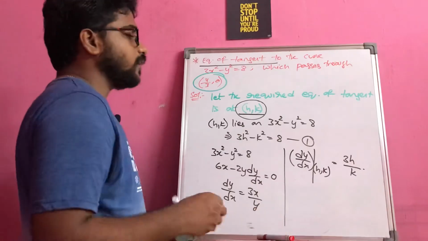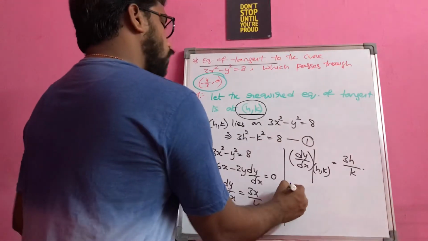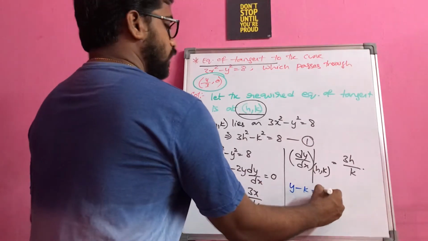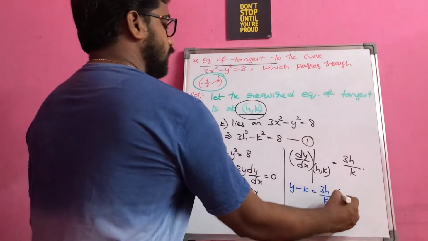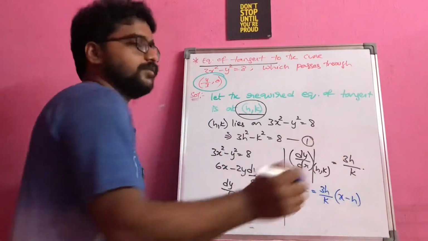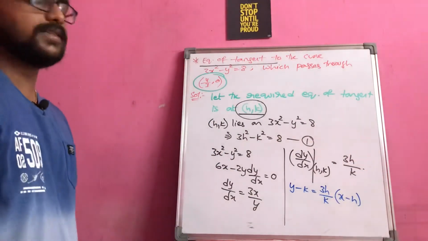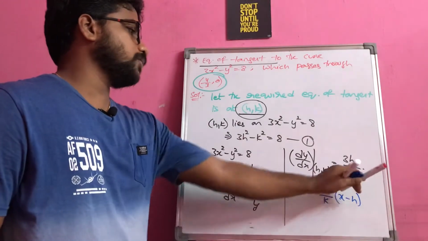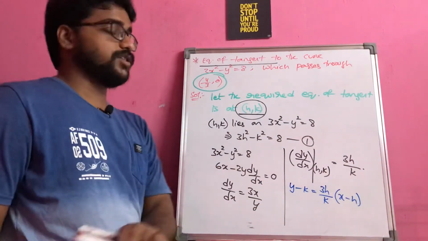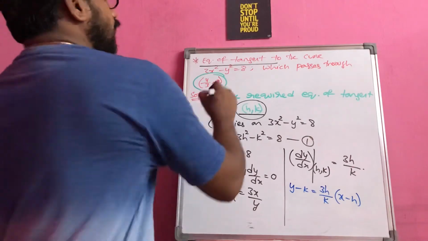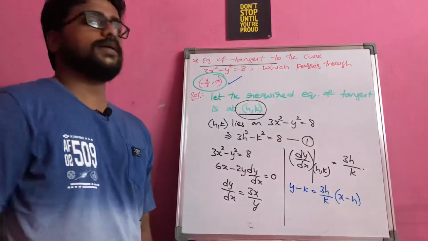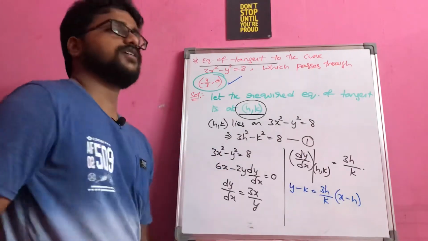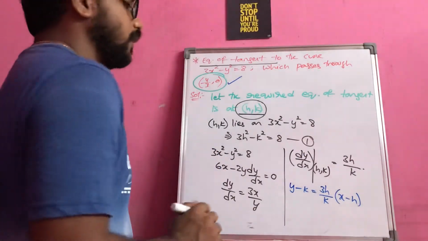Now if you find the required equation of a tangent, y minus y1, that is k, is equal to m into x minus x1. Right? This is the basic understanding from here. So y minus k is equal to the slope 3h by k into x minus h. Now they said that it is passing through the point (4/3, 0). Now obviously, in place of x and y, you will substitute 4/3, 0.